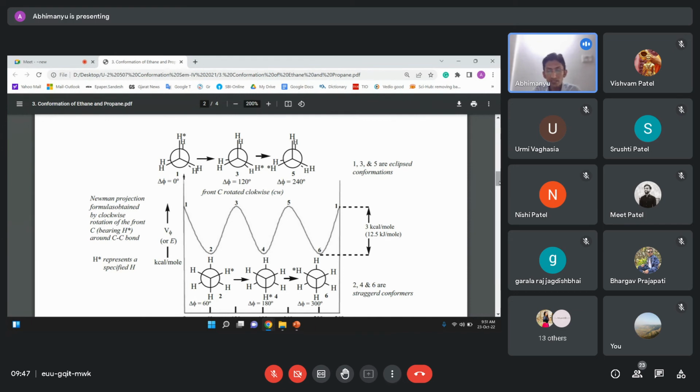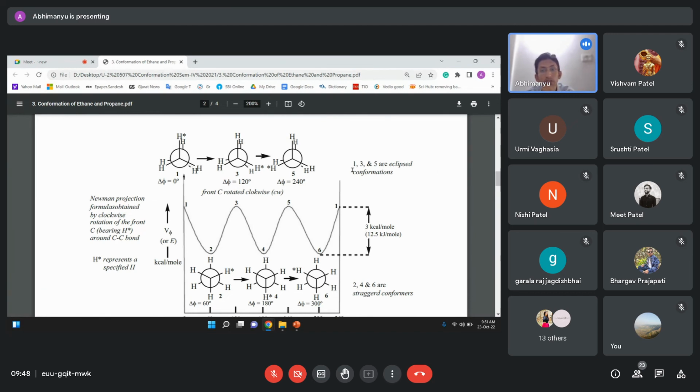But last time, when we talked about potential energy, you can use the potential energy, you can use the staggered energy, or you can use both energy. So in torsional strain, here you can see that the torsional strain of the eclipse structures, 1, 3 and 5 drawn above, is higher due to repulsion of both hydrogen atoms.